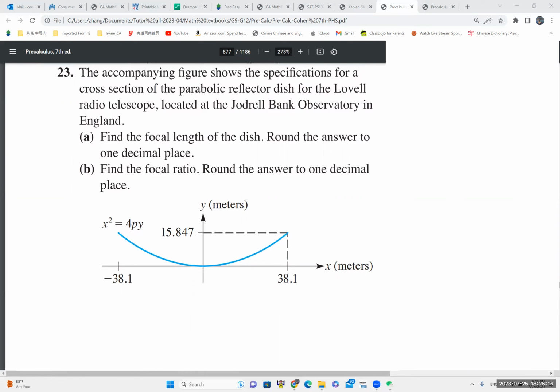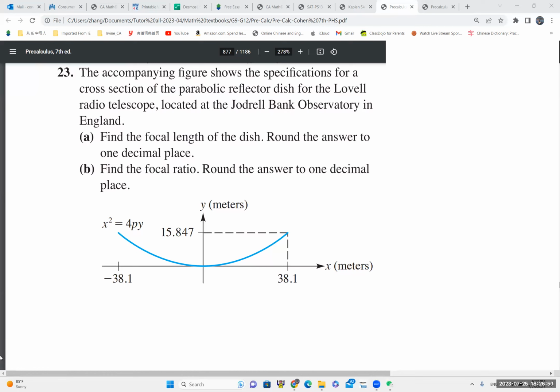What is the 15.8 for? Probably it means the height. Neil, how do you think? I think that's the height, isn't it? Yeah, you can say this is the height, but how can we use this information? Is anything helpful for us to find the focal length and the focal ratio, right?